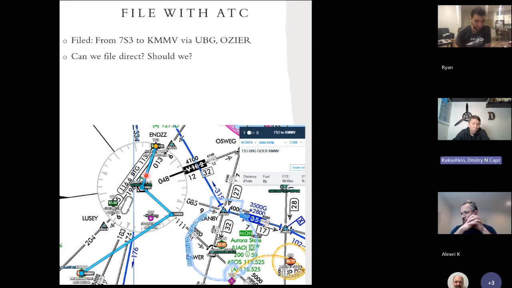So in a flight plan you will have the two waypoints, Newburgh and Auger, departure 7S3, destination McMinnville. The path is defined with Newburgh and Auger. So file that. I use ForeFlight.